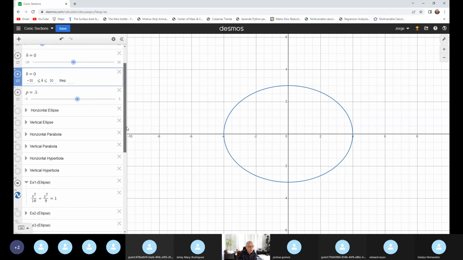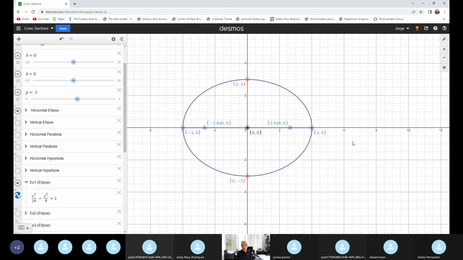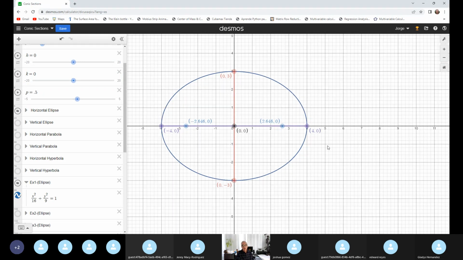Now I classify it like a horizontal ellipse, right? And you click here using this parameter I adjusted, and we get this answer. Look, look. This is the center. This is the vertex, the endpoint of the minor axis, and the foci.